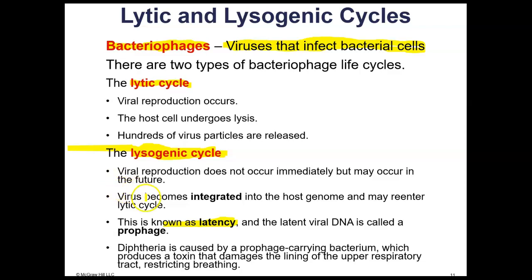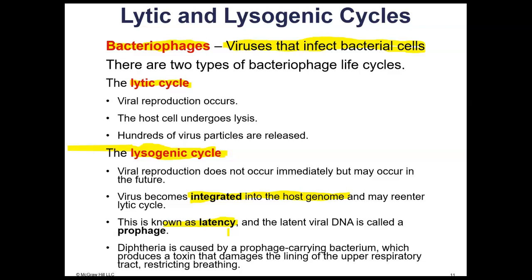The virus becomes integrated into the host genome, the viral DNA or RNA becomes integrated into the host genome. And this period of time where the DNA of the virus is integrated into the host genome is known as latency.